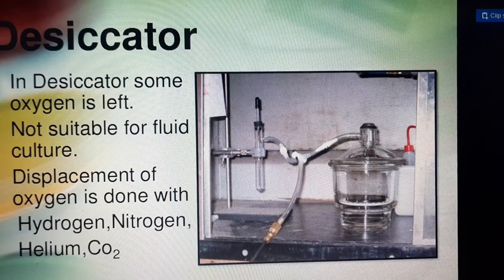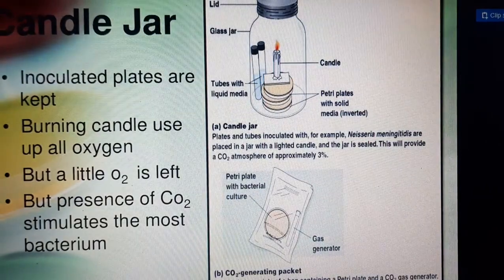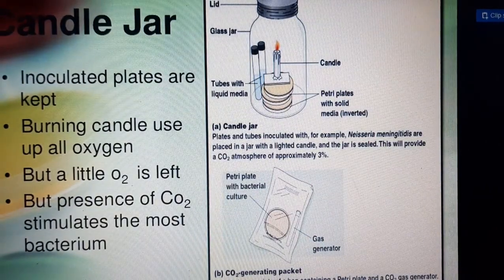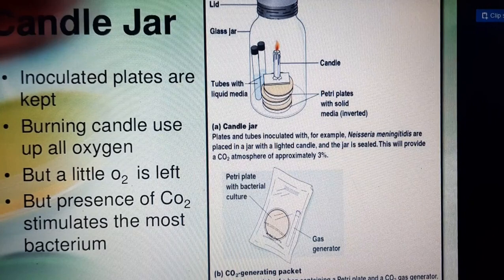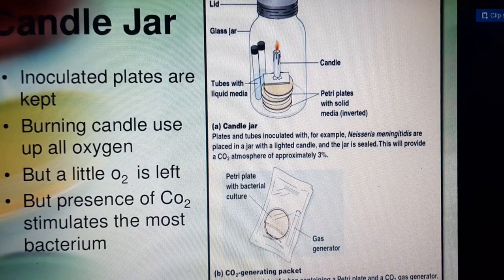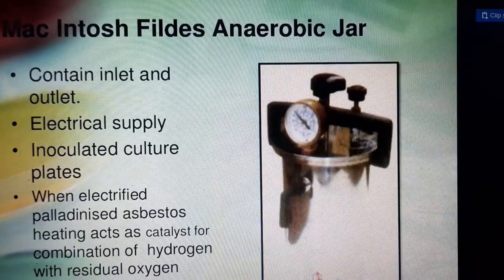Displacement of oxygen is done with hydrogen, nitrogen, helium and carbon dioxide. Candle jar. Inoculated plates are kept inside. The burning candle uses up most oxygen, but a little oxygen is left. But the presence of carbon dioxide stimulates most bacteria.